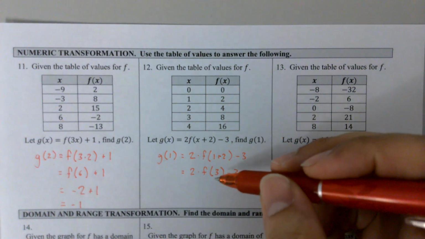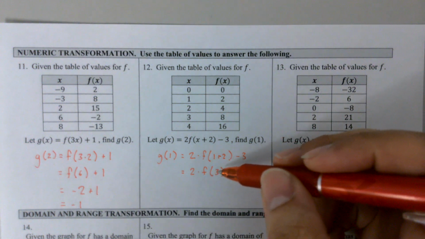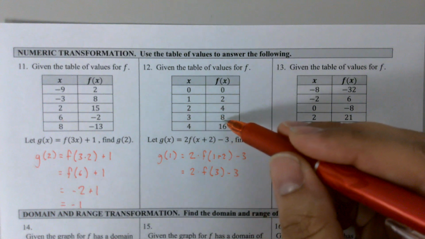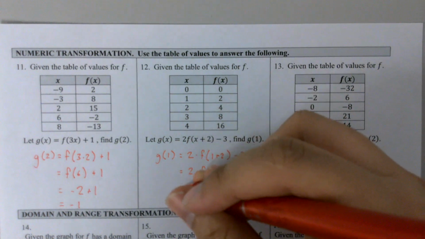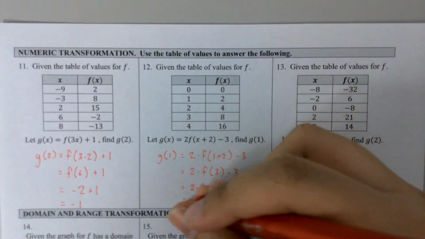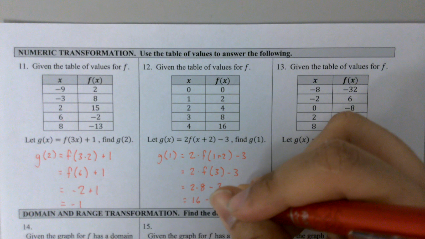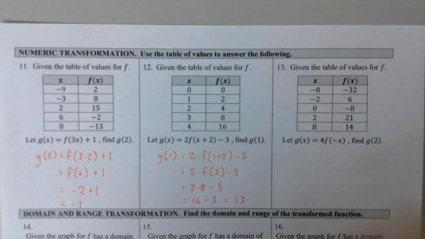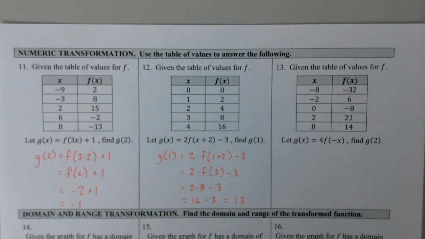And now we can substitute, we can swap out f of 3 with whatever that's equal to. Well, when x is equal to 3, f is equal to 8. So this gives us 2 times 8 minus 3. So we have 16 minus 3, which is equal to 13. And that is our final answer for number 12.